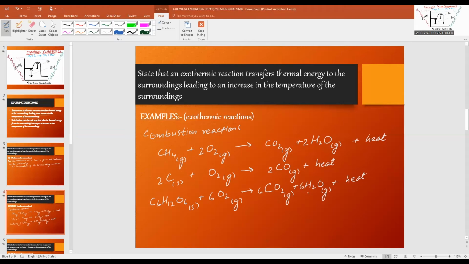You have noticed one thing, that heat is written on the product side of this reaction. This indicates that heat is released, not absorbed, during the reaction, released to the surrounding.